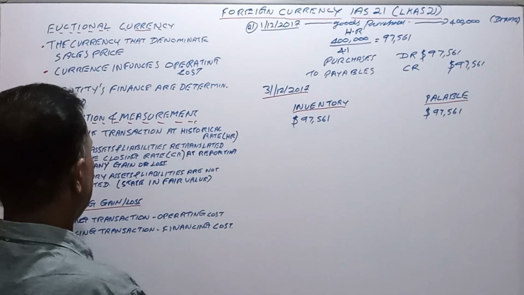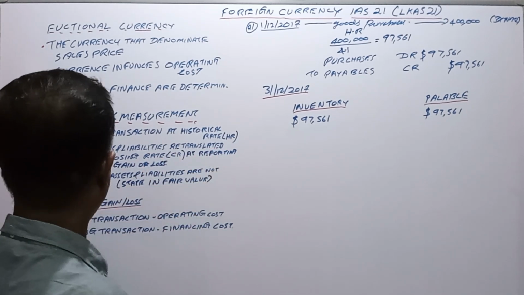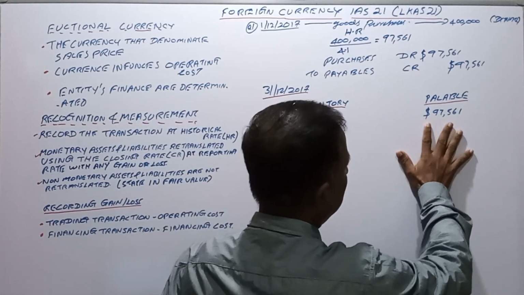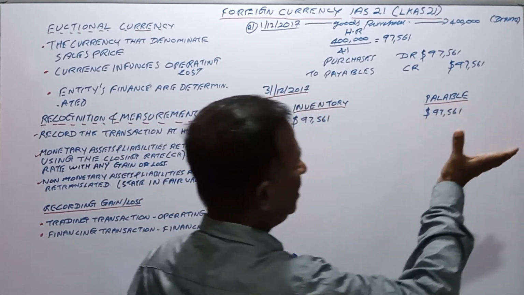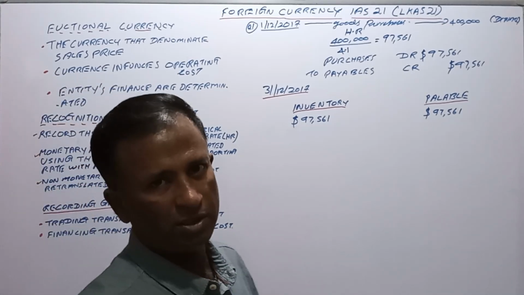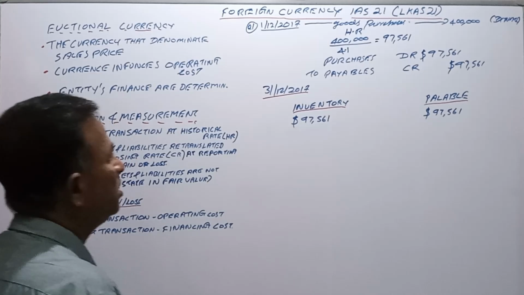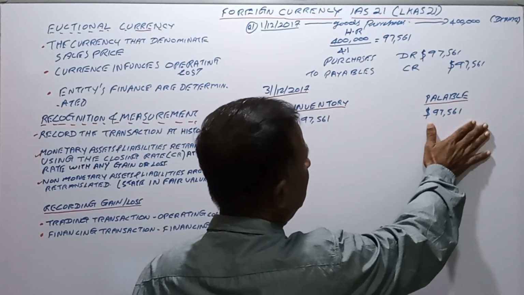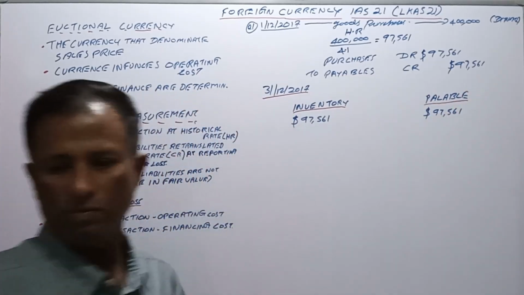Monetary assets and liabilities are retranslated using the closing rate. Payables and receivables are monetary items. So it needs to be converted using the closing rate, right?